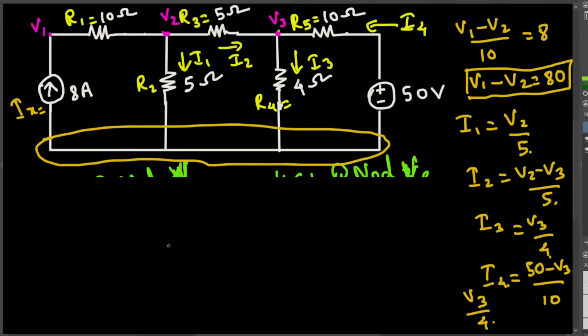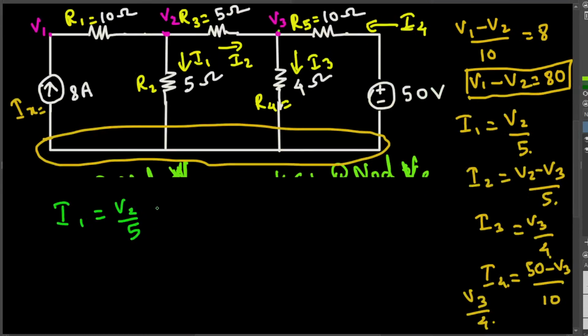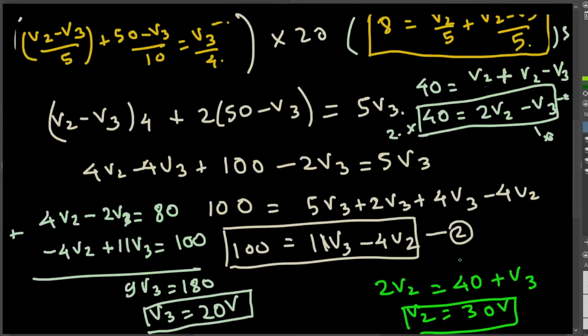So let's look at the current I1. I1 is V2 divided by 5. We found V2 is equal to 30. So 30 divided by 5, that's equal to 6 amperes. I2 is V2 minus V3 divided by 5. V2 is 30, and V3 is 20.